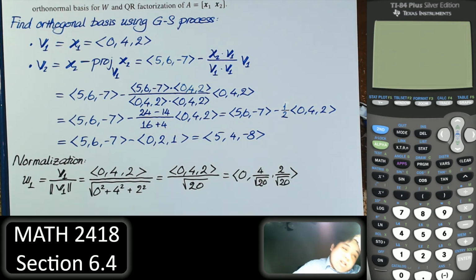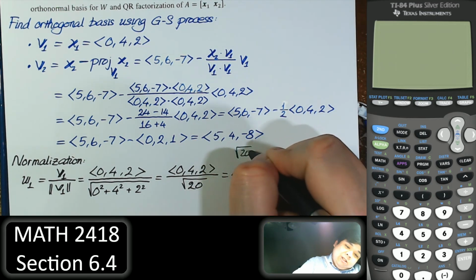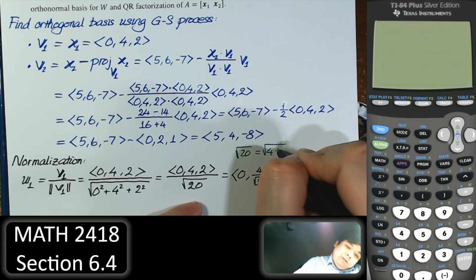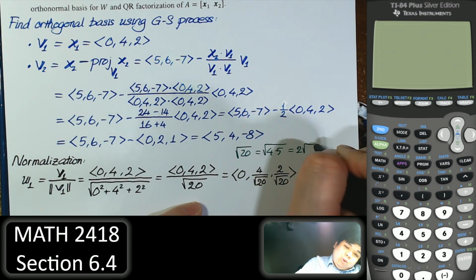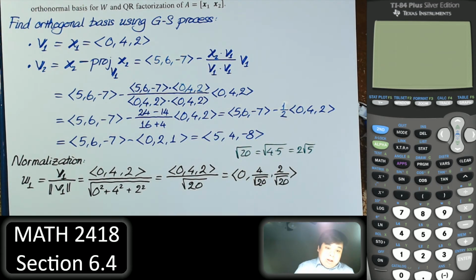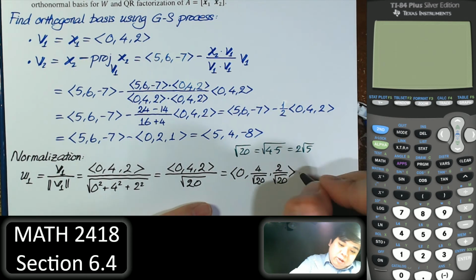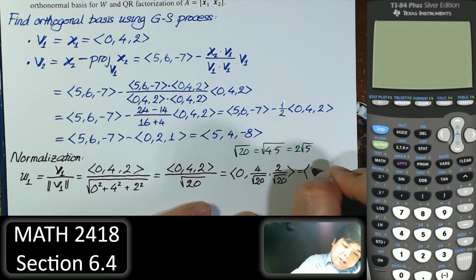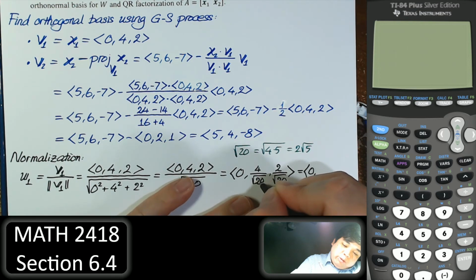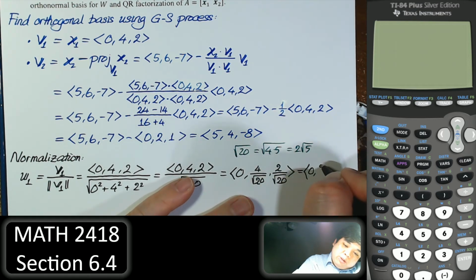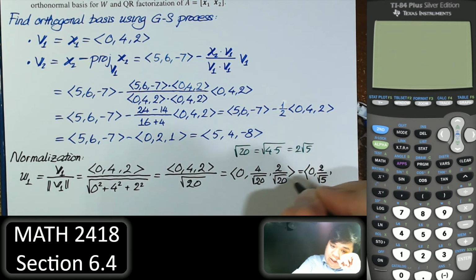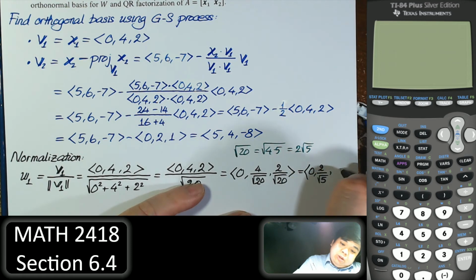Square root of 20 is square root of 4 times 5, which is 2 square root of 5. So substitute that in here. That would be 0, 2 over 2 square root of 5, where 2 and 2 cancel out, so we just have 2 over square root of 5. And then 2 over 2 square root of 5, 2 and 2 cancel out, we have 1 over square root of 5.